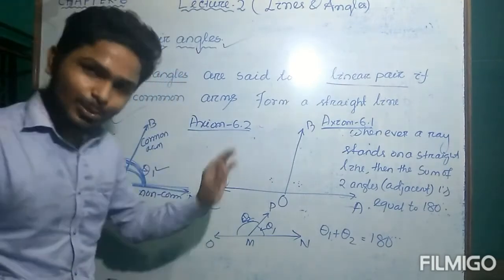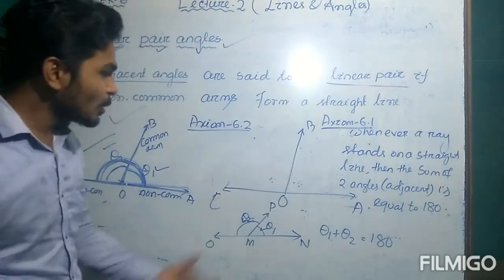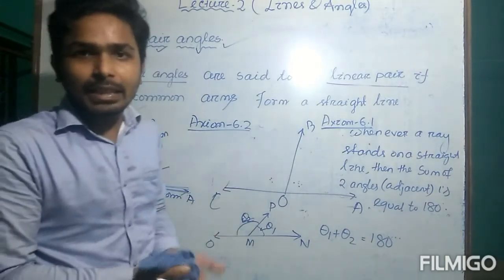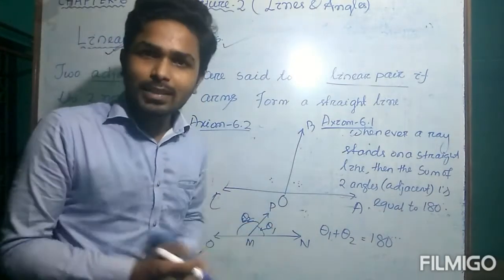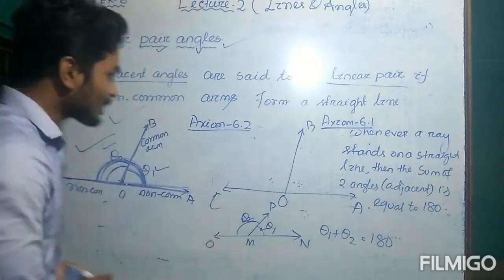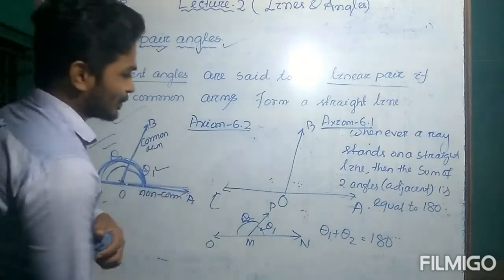Is it also true or not? Yes, it is also true. We know that if two adjacent angles add to give 180 degrees, then no doubt they are linear pair angles, or they will form a straight line. Okay, so this is axiom number 6.2.